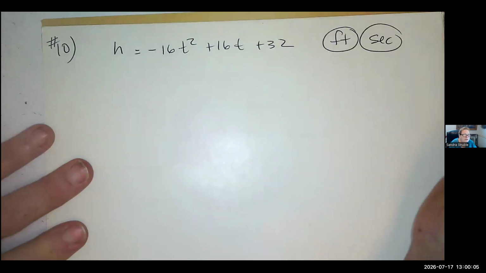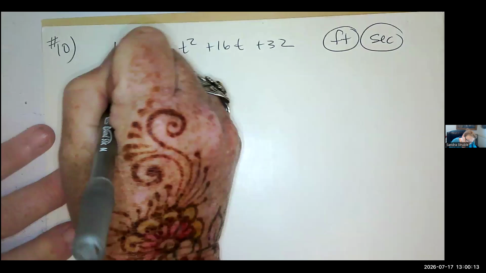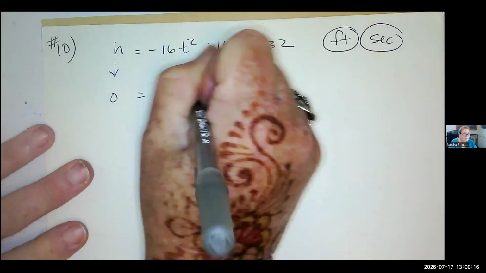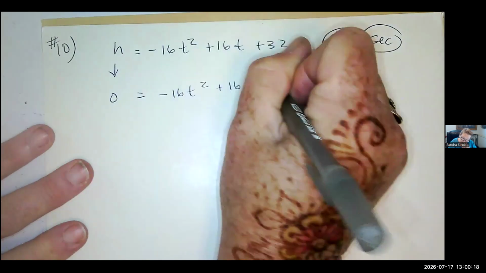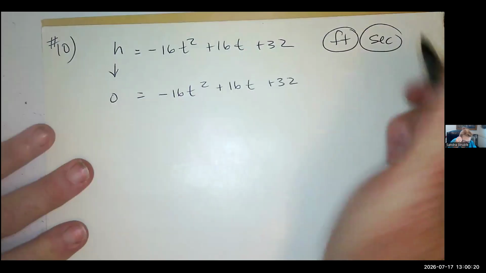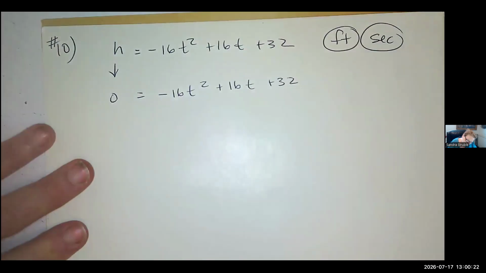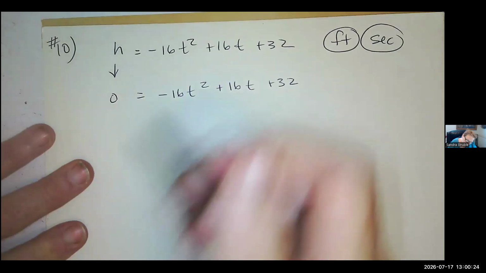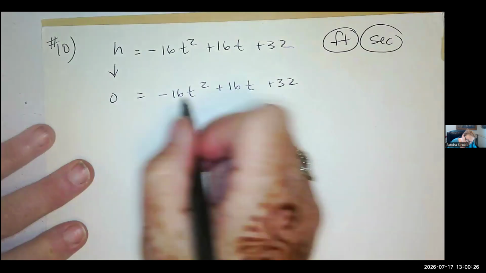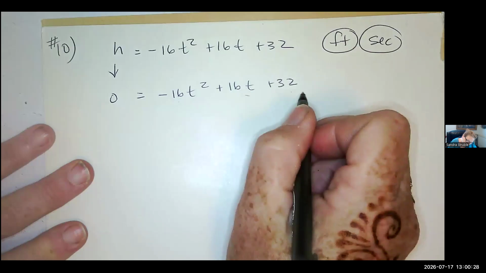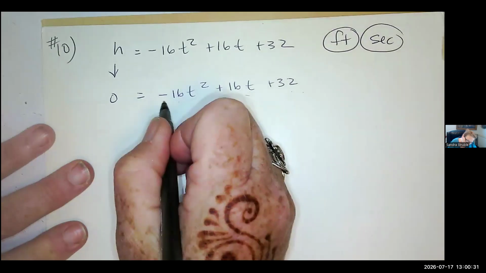Okay, so if it's 32 feet above the water, that means water level is going to be 0. So my height would have to be 0. Means I'm looking for the time, solving for t. Remember, you want it to be positive. First thing I need to do is factor. I see these are all multiples of 16, and I would like my t squared to be positive, so I'm going to factor out a negative 16.